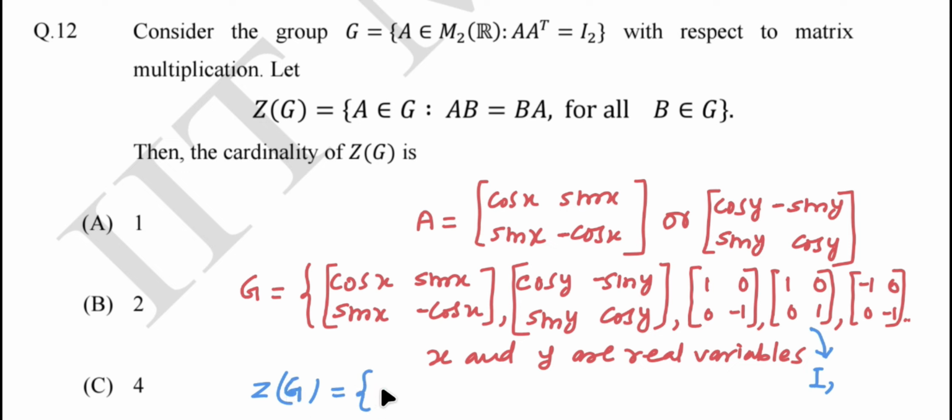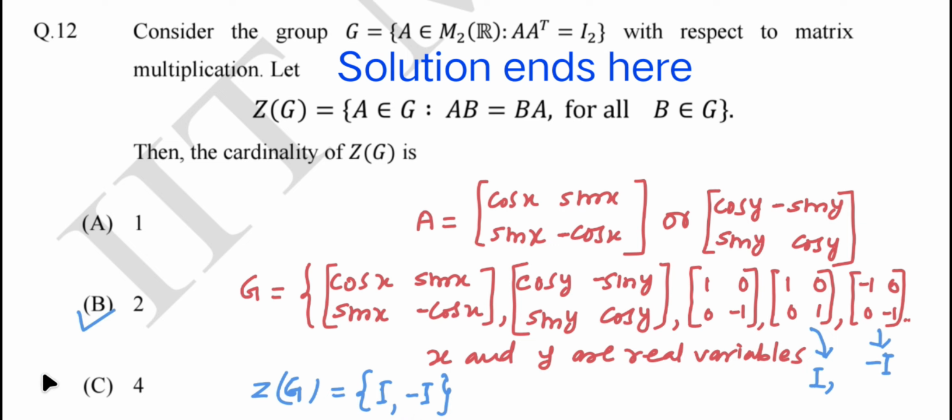This ZG will contain I, and one more thing, if you see this is minus I, and minus I also commutes with every element of G, and there will be no more element which commutes with every element of G. So there are 2 elements in ZG, so 2 is the correct option.